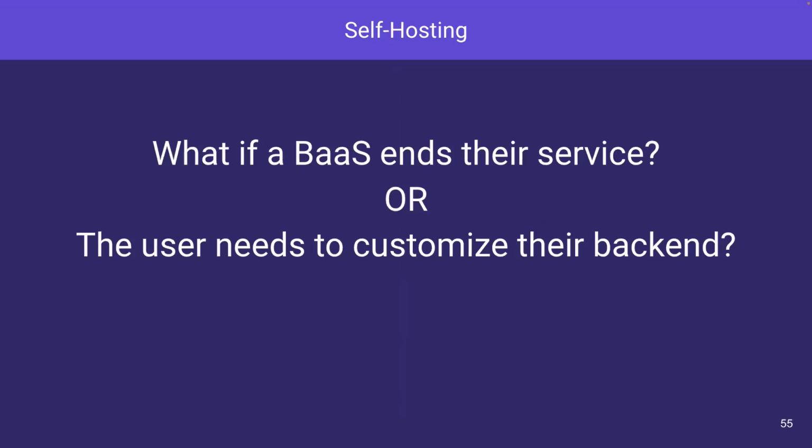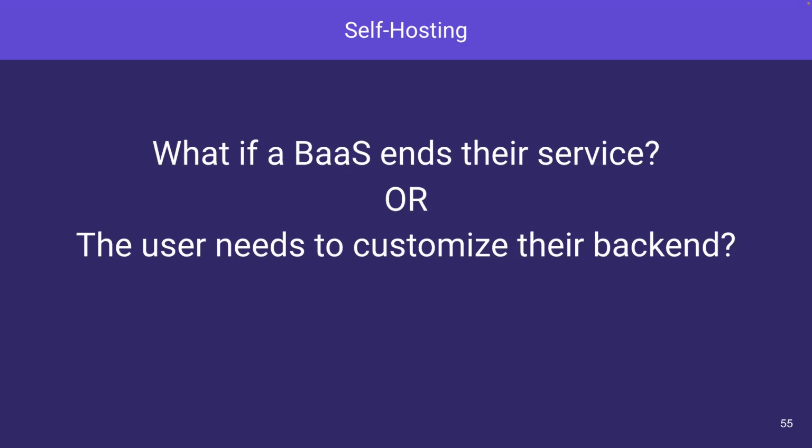Another challenge we faced was how to handle migration when a user is looking to migrate off of Tinker. Although there are many benefits to using a backend as a service, there is a looming possibility that the BaaS chosen will end their services. Or the user may need to customize their backend, such as setting data retention policies or choosing geographically where data is stored.